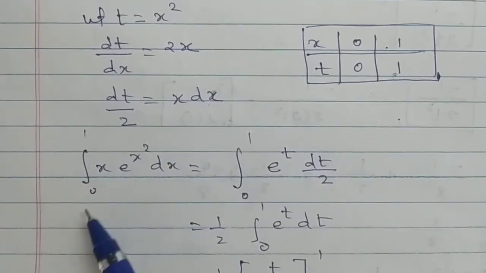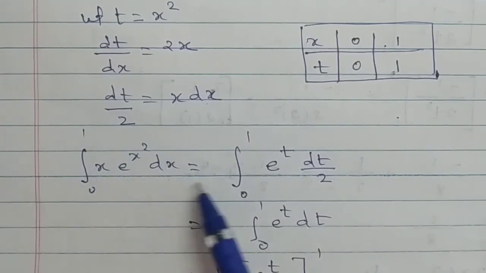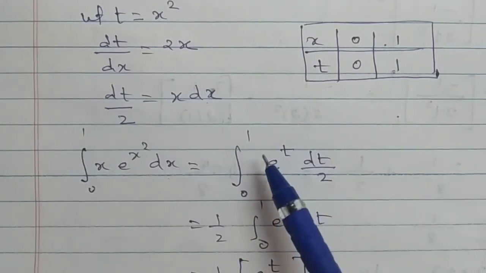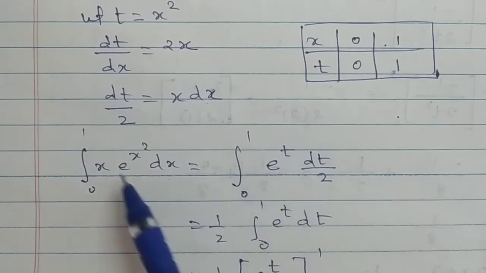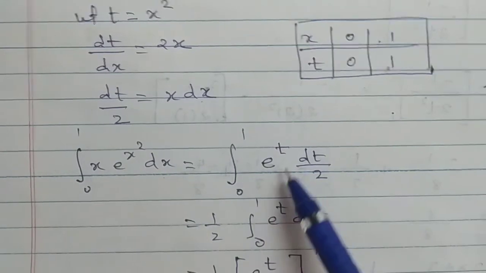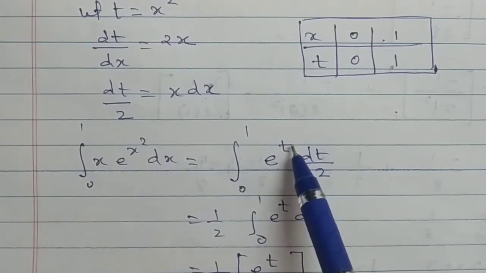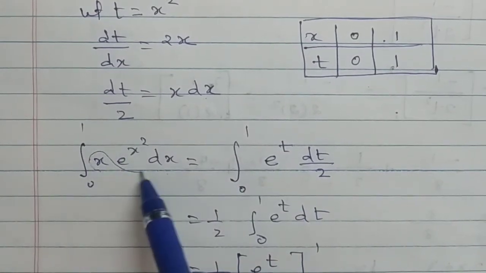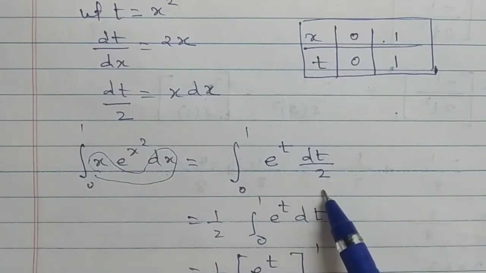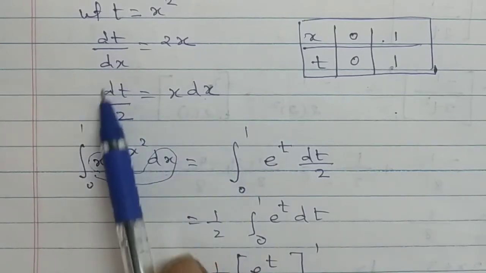So the integral from 0 to 1 of x e power x square dx equals the integral from 0 to 1 of e power t, because e power x square is e power t, and x dx is dt by 2.